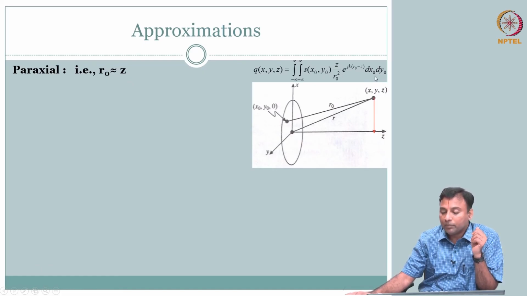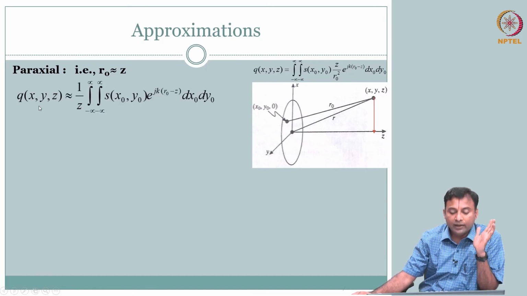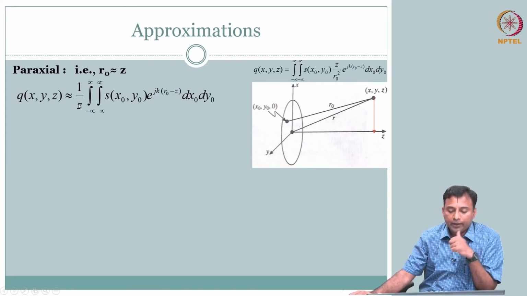If you look at our q, that probably helps only the amplitude part. The closer you are, z equal to r naught, if you approximate that, you can reduce the amplitude part, but you do not get anything with the phase part. So first approximation you can do that, bring your 1 by z out, and you have this.